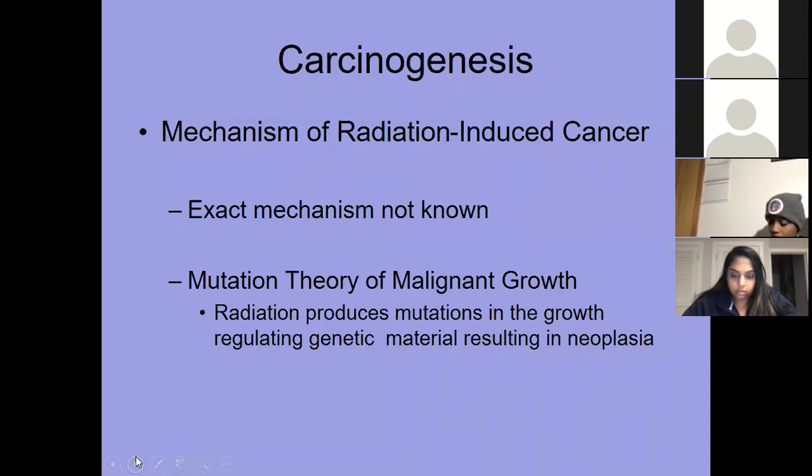What they theorize is that radiation interacts and produces mutations in the growth regulating genetic material. So on your DNA, the segments of DNA that control growth are changed, are mutated, and that results in neoplasia.